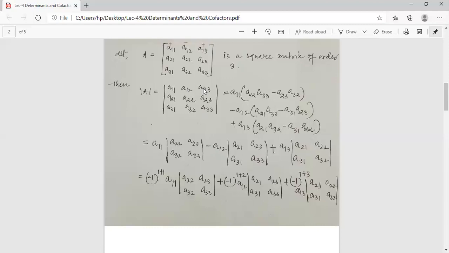And then A13 is in the position of minus 1 to the power 1 plus 3, that is 4. This is even, so A13 will have a positive sign. And then find the determinant after excluding the corresponding row and column of A13.